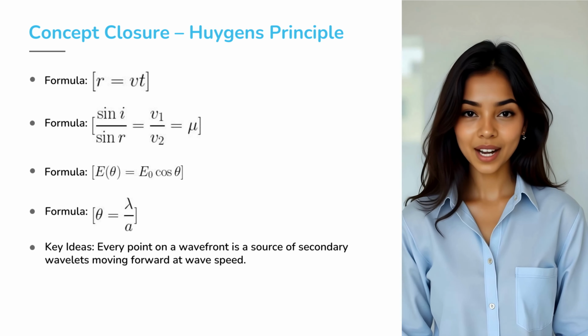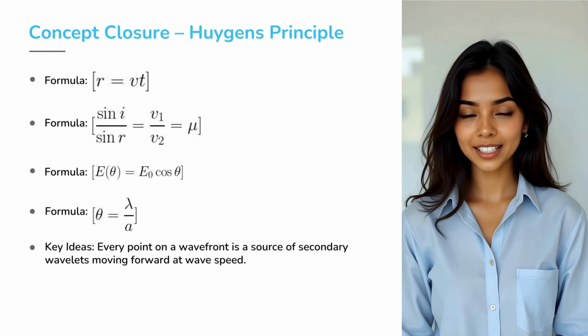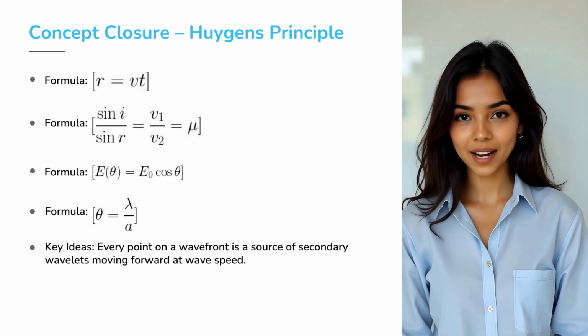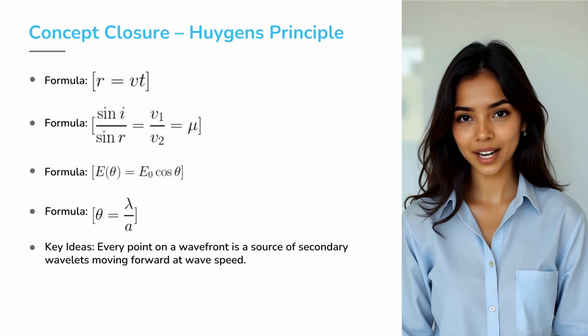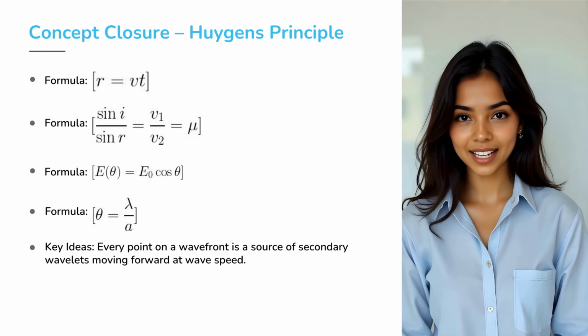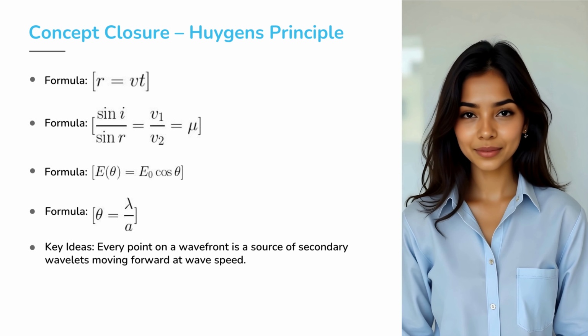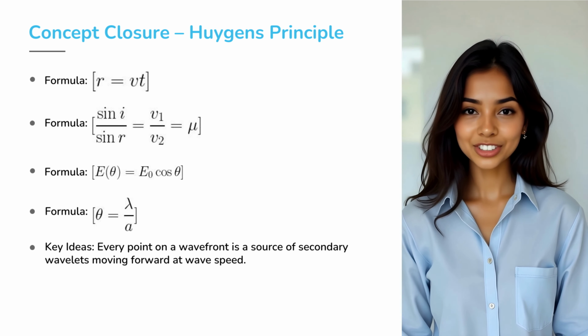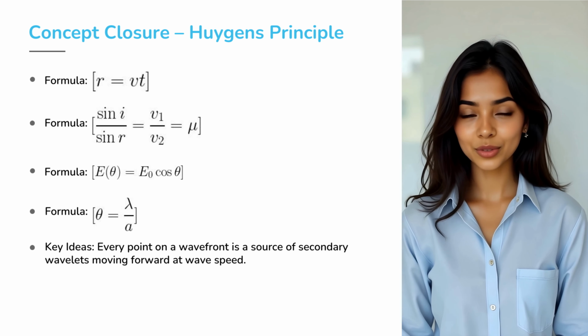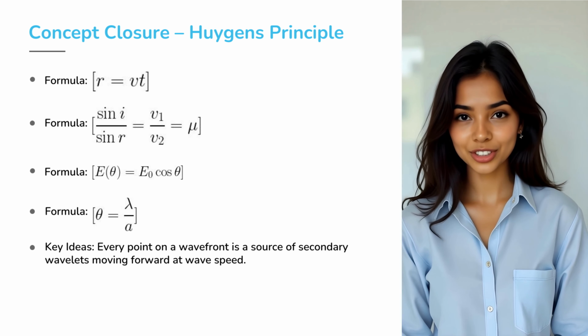To wrap it all up, let's revisit some key ideas from Huygens' principle. We started with r equals v times t, where r is the wavefront radius, v the wave speed, and t time, describing uniform wave expansion. Then came the famous Snell's law form, sin i over sin r equals v1 over v2 equals mu, relating angles and speeds during refraction.